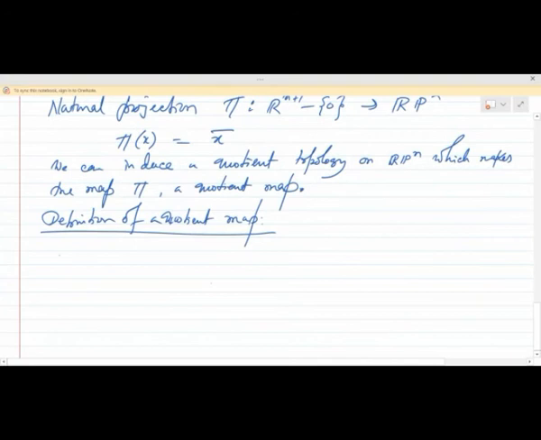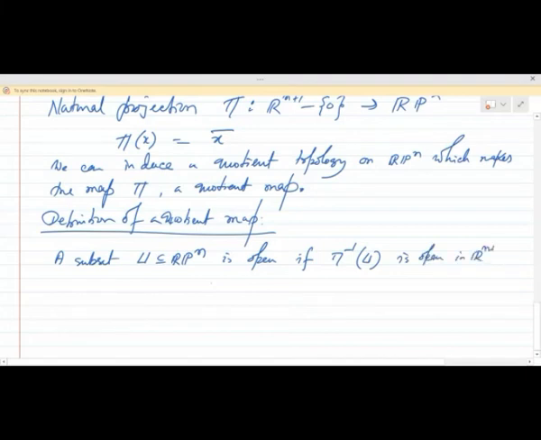A subset U of RPN is open if the inverse image of U with respect to the map pi is open in Rn plus 1 minus 0.